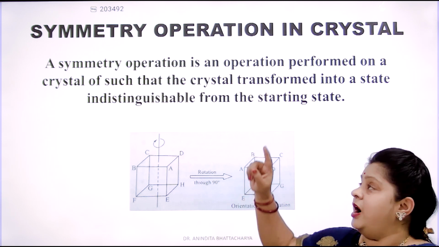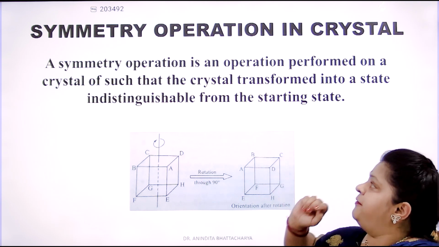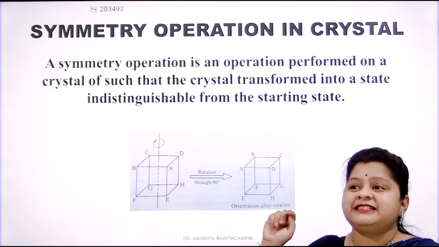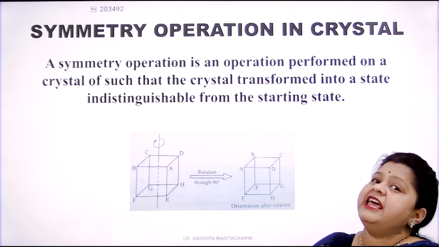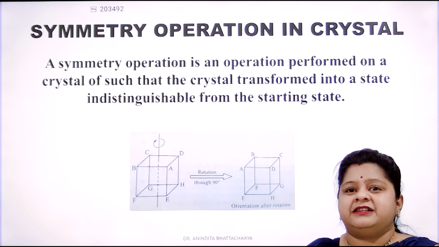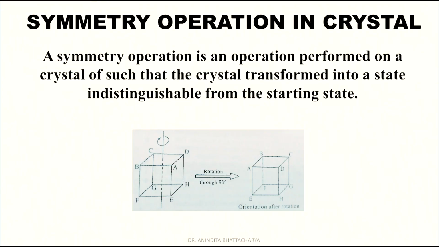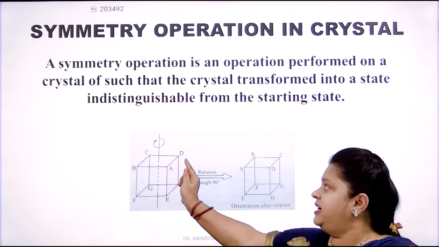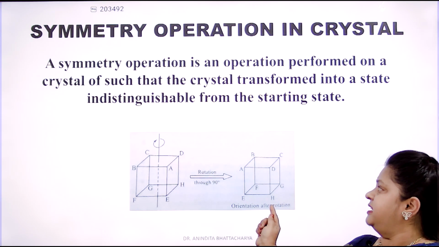So a symmetry operation is an operation performed on a crystal such that the crystal is transformed into a state indistinguishable from its original state. See, these are the two diagrams. This is the axis through which we are rotating. We rotate it through 90 degrees and we get this.